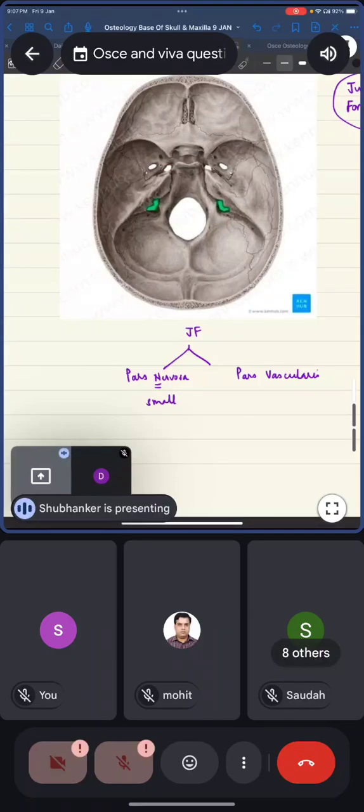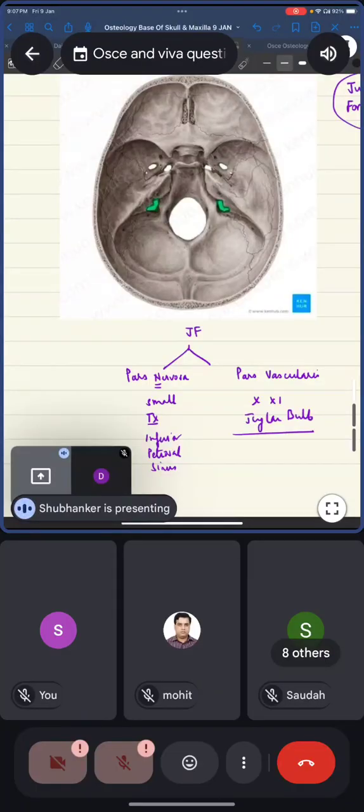It's small as compared to the second one, and it has two things: the ninth cranial nerve and the inferior petrosal sinus. And what passes through pars vascularis? 10, 11, jugular bulb.